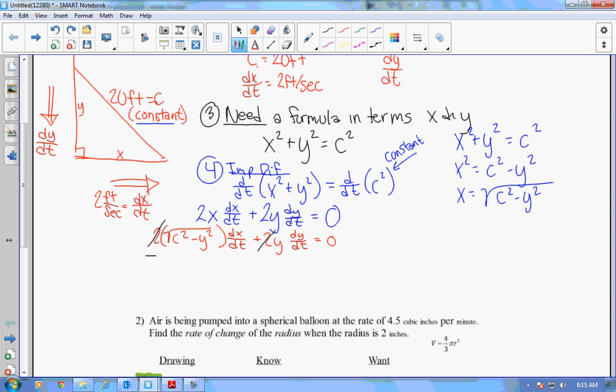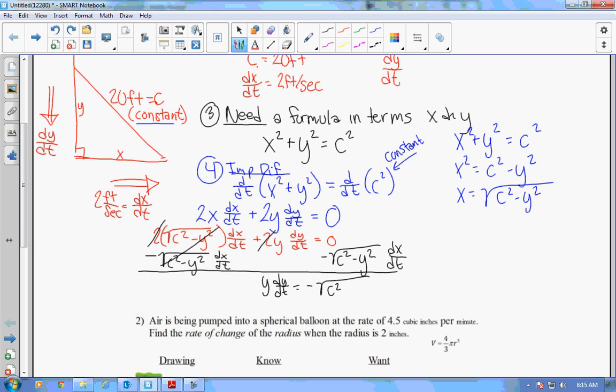And then subtract root c squared minus y squared from both sides. Those cancel. Oops, and let's subtract the dx dt at the same time. We can deal with those all in one step. You get y dy dt equals 0, which we don't need to write, minus root c squared minus y squared dx dt.